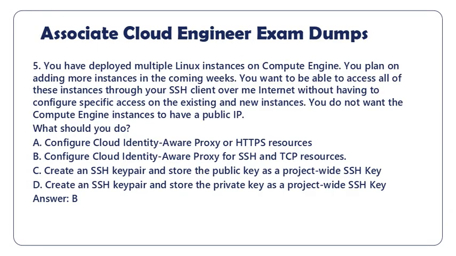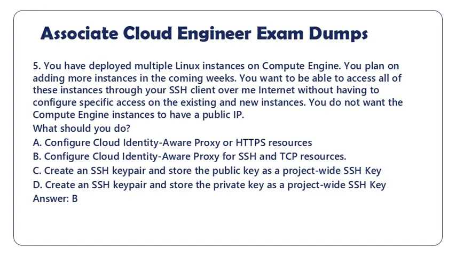5. You have deployed multiple Linux instances on Compute Engine. You plan on adding more instances in the coming weeks. You want to be able to access all of these instances through your SSH client over the Internet without having to configure specific access on the existing and new instances. You do not want the Compute Engine instances to have a public IP. What should you do?